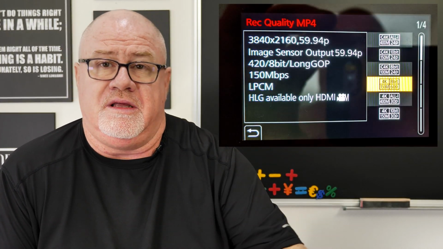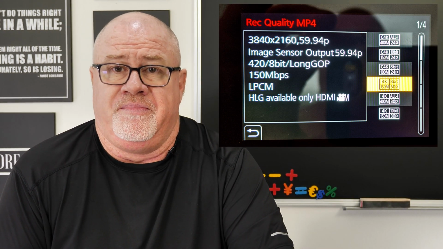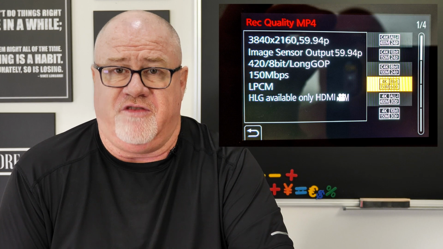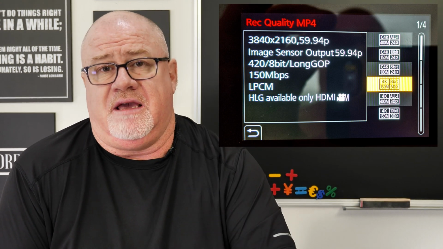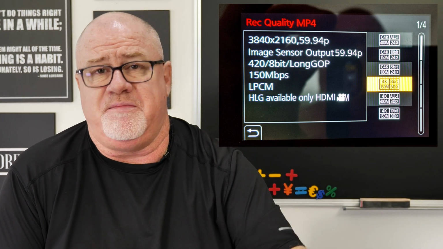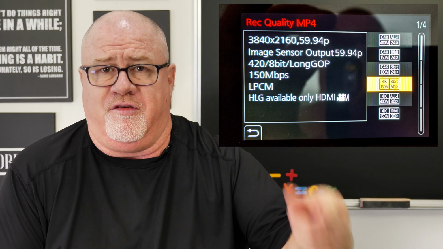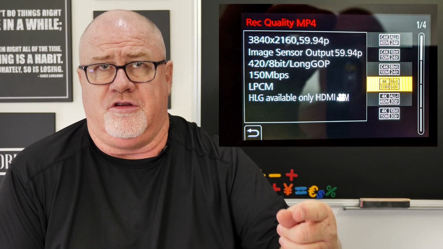In the record quality, anywhere in the selection on the GH5, there's the 60. The 4K 8-bit 150 60p was there, and it appeared in full HD 1920x1080 and everywhere in the choices of the recording quality of the GH5, which was not available before.